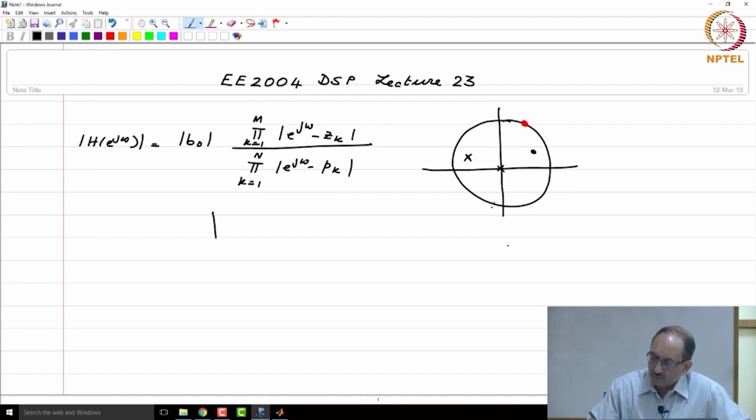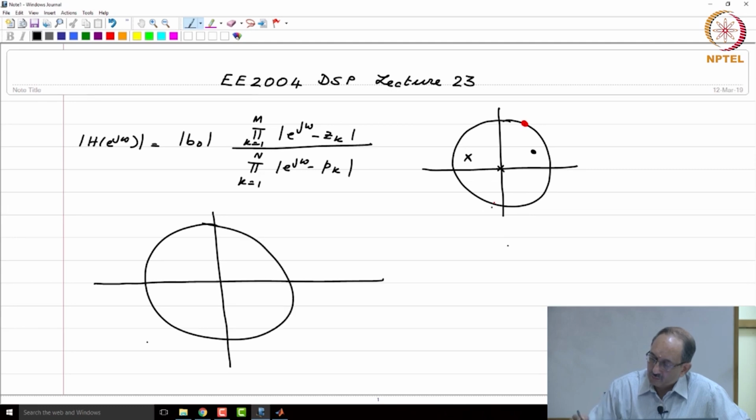As a simple example, we will later talk about linear phase FIR filters.